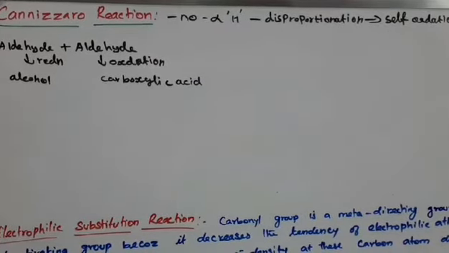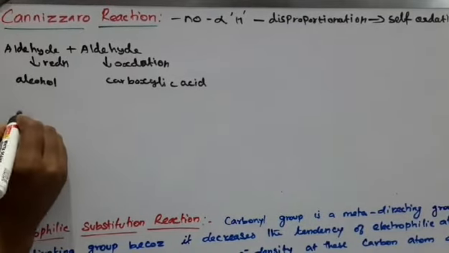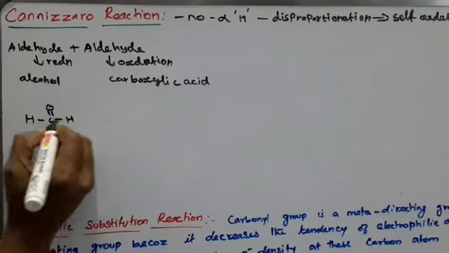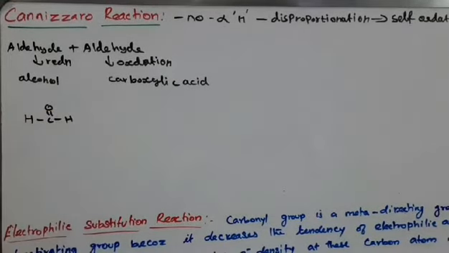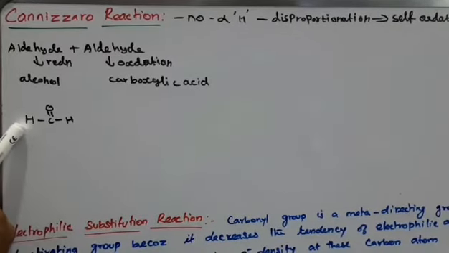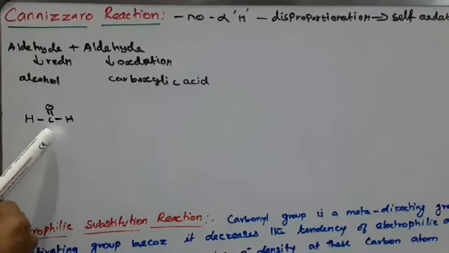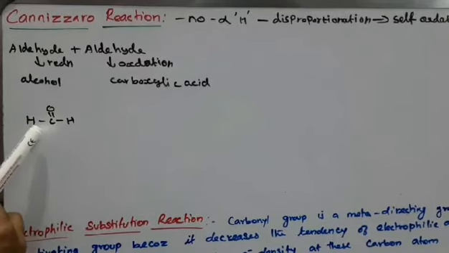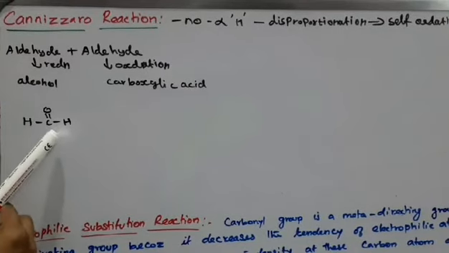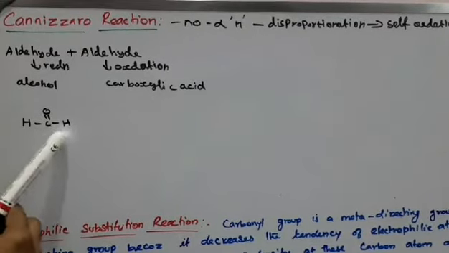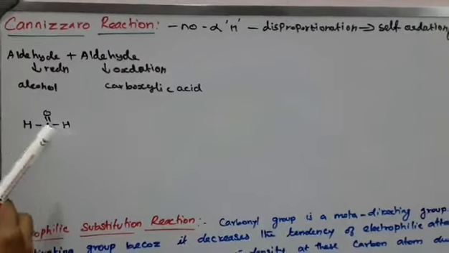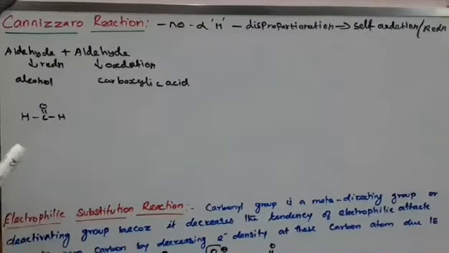So what is the Cannizzaro reaction? Take H C double bond O H. This is a carbonyl group, but here the hydrogen is present and there is no alpha carbon atom. Earlier we studied that a functional group next to a carbon containing alpha hydrogen undergoes aldol condensation, but here there is no alpha hydrogen, so it undergoes the Cannizzaro reaction, very very important.